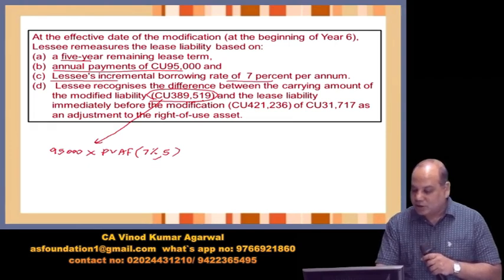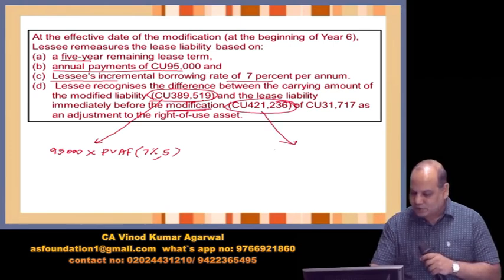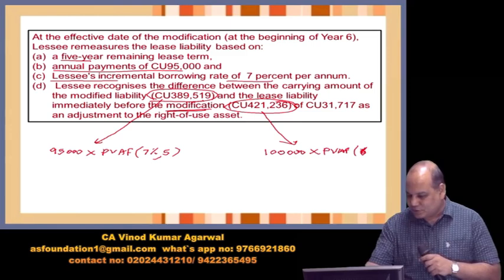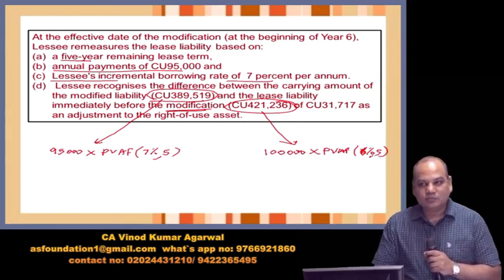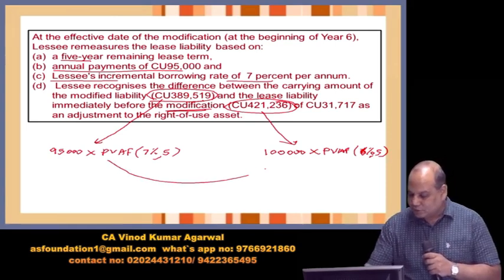And the liability immediately before modification: how has this figure come? 1 lakh into PV annuity factor, 6%, 5 years. Is it right?